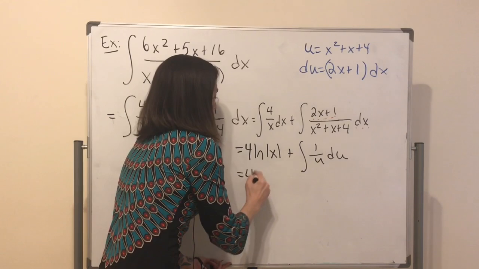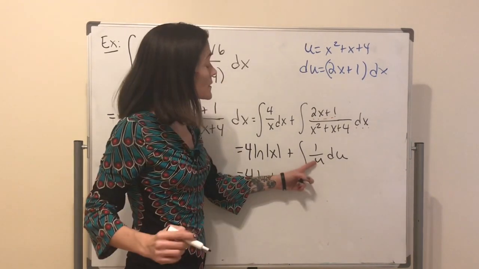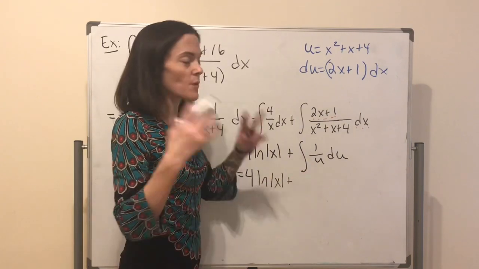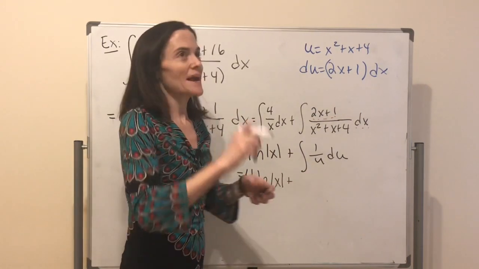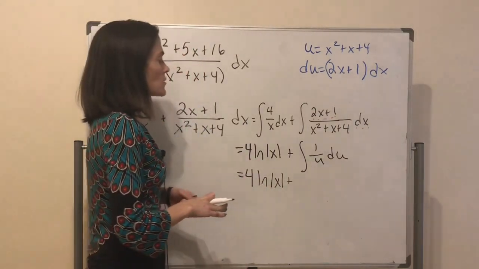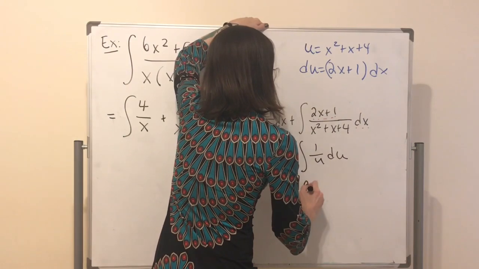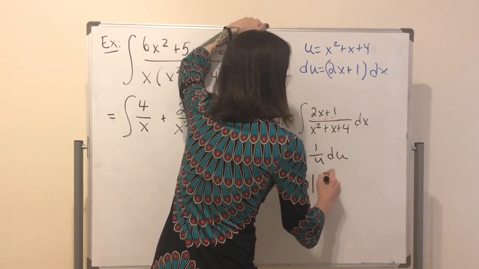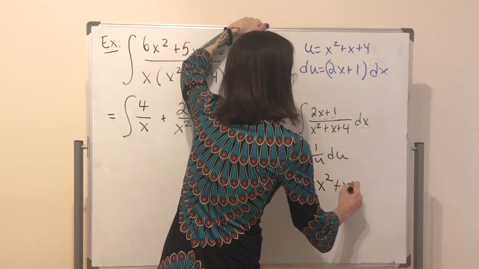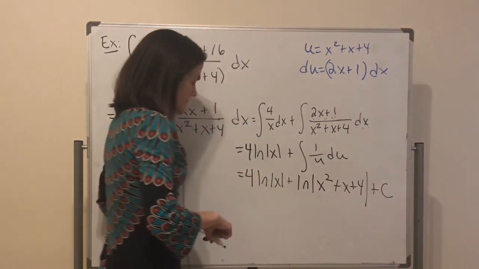Here, normally I would integrate with respect to u, ln absolute value of u, go back to x, but I will just write it in terms of x in one step. It's 4 ln absolute value of x plus ln absolute value of x squared plus x plus 4, and then plus c, like this.